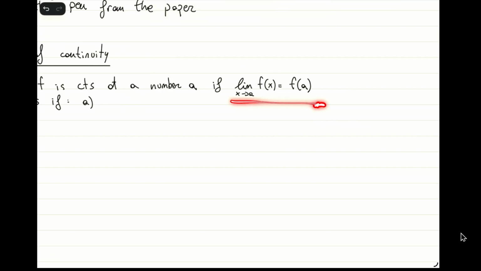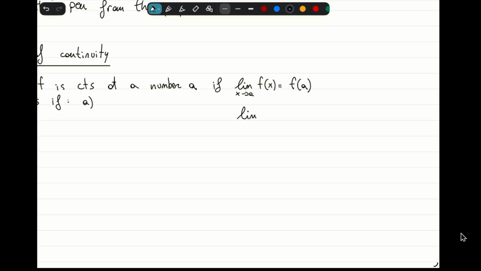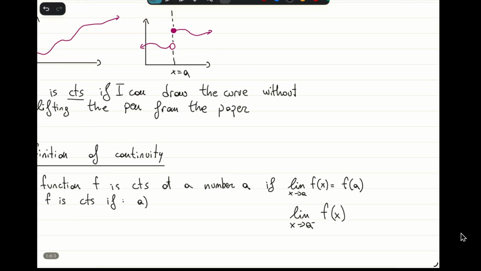So basically this is saying if we can evaluate the limit and the function of that value has only one output which equals the limit. Remember, if we take the limit as x approaches a minus of f of x, or a from the left, and this means if we take, let's go back to our graph, if we take the limit as x approaches a from the left, we'll get this value.